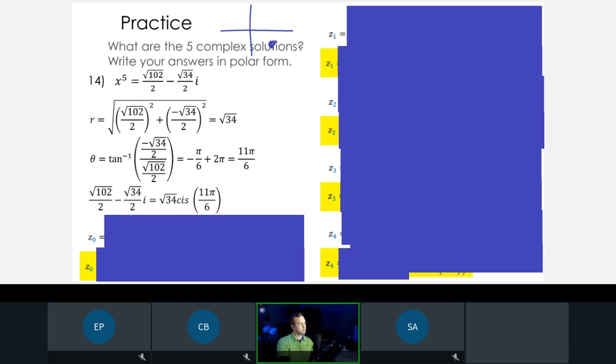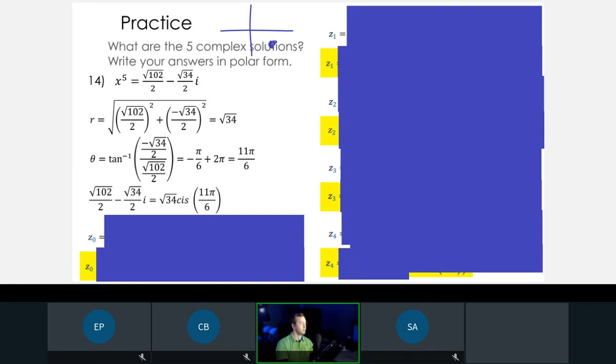All right, so the original problem converted into polar format is rad 34 cis 11 pi over 6. This is the hardest part of the problem, is converting. The easy part should be the plug and chug.